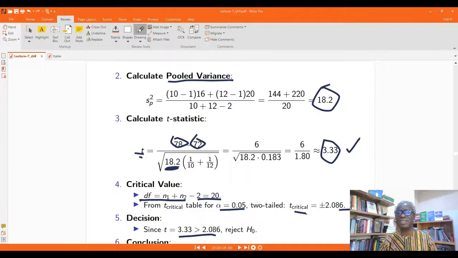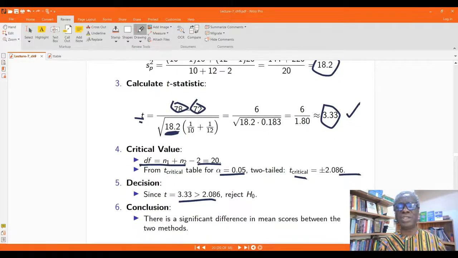So we reject the null hypothesis. And once we reject the null hypothesis, we are now saying that there is a significant difference between the performance of the students in the two methods. Which means in terms of the mean scores, the two methods are significantly different.